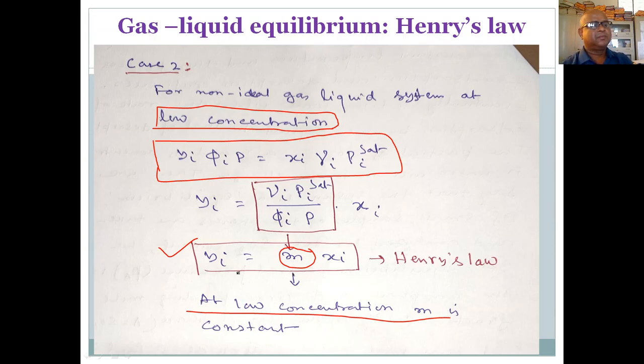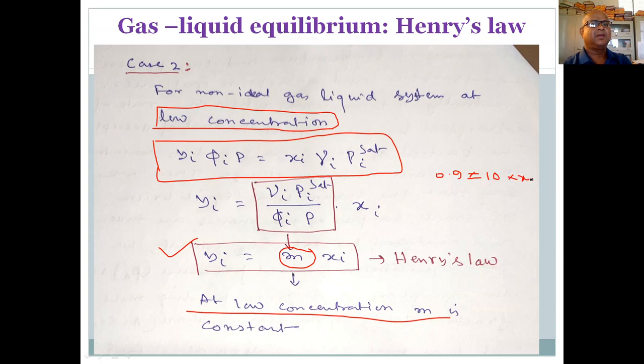Now, this is the equilibrium relation. Let's take m equal to 10, and let's take yi equal to 0.9. So 0.9 equals 10 into xi by Henry's law.